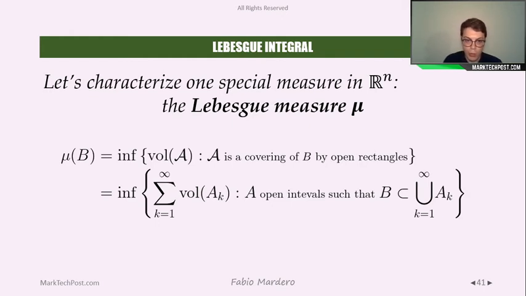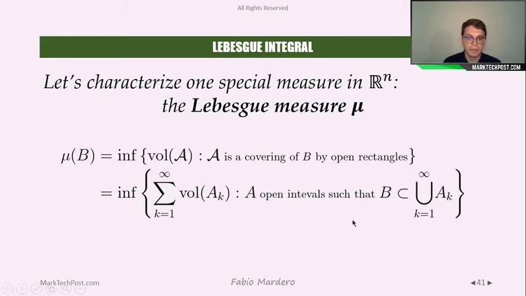We compute the volume, but we want the infimum. So we have to take into account the collection such that the volume will be at minimum. But this collection of open rectangles should also cover B entirely. So we are covering, but we want the minimum measure, the minimum volume.